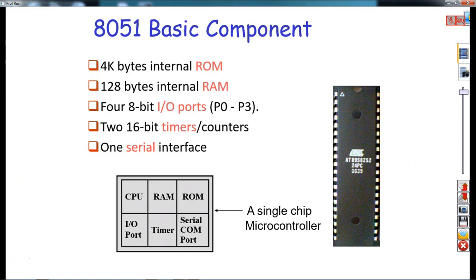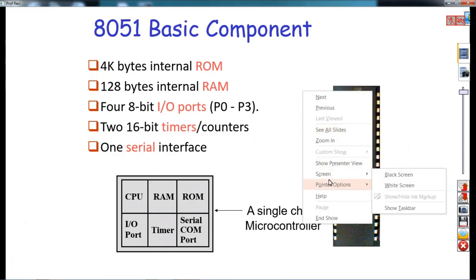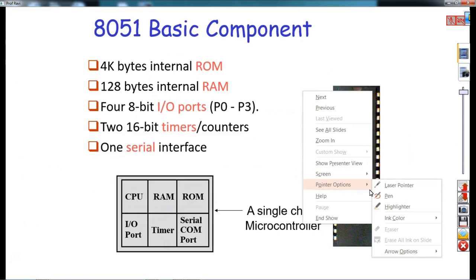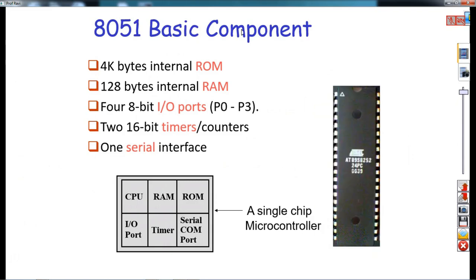So now the basic features of 8051: on board, 4 kilobytes of ROM is available, and 128 bytes of RAM is available. You have four 8-bit IO ports, port 0, port 1, port 2, and port 3, and 16-bit timers and counters.